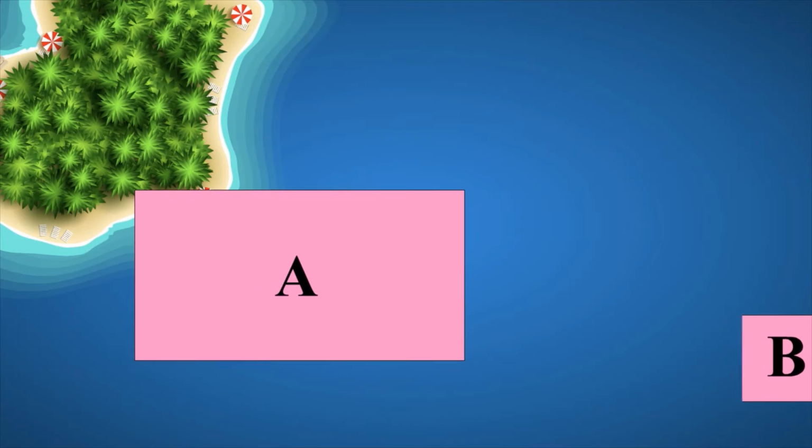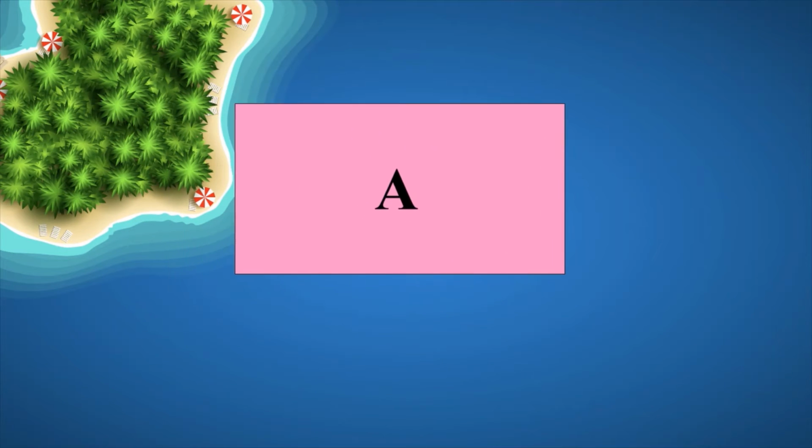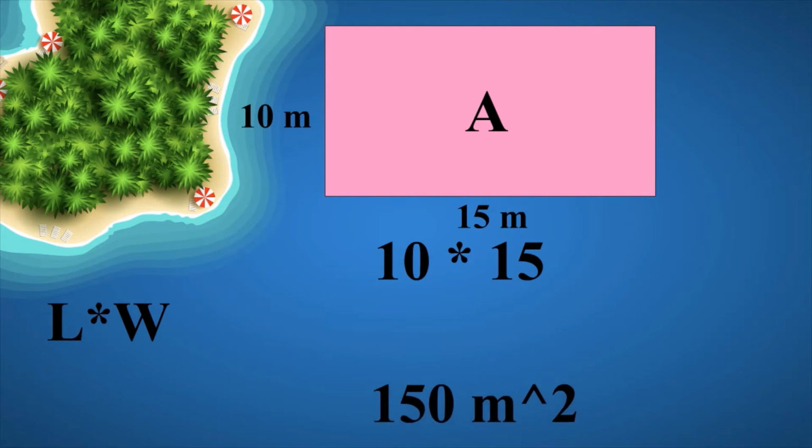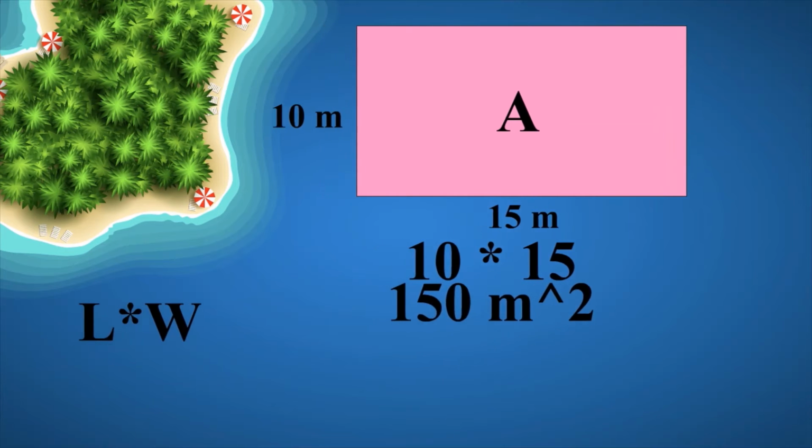Shape A is a rectangle, and we know what to do with those. So the dimensions of shape A are 10 meters times 15 meters, and we know that the area formula is length times width. So let's do 10 times 15, and that will give us an answer of 150 meters squared.